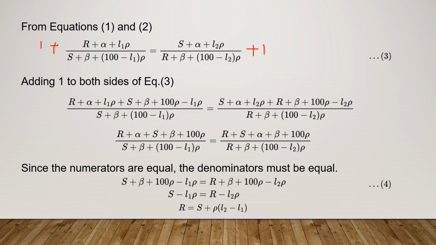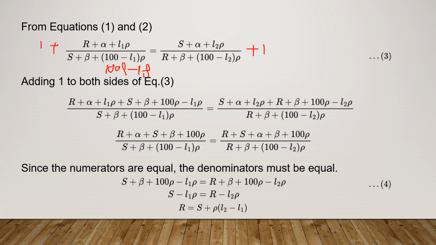This is multiplied here. We get R plus alpha plus L1 rho, and multiplied by this one, S plus beta, this 100 can be written as 100 rho minus L1 into rho. Similarly, here also we take the LCM, R plus beta plus 100 minus L2 into rho.